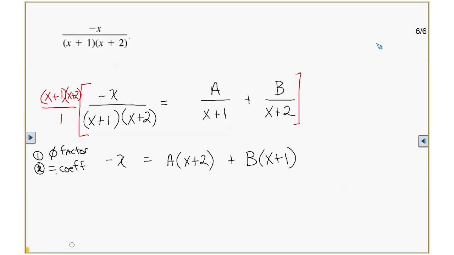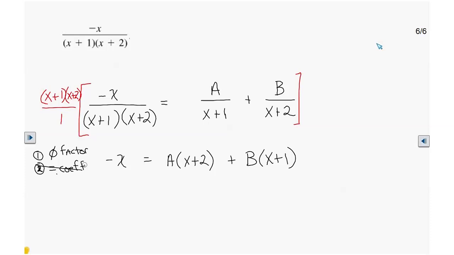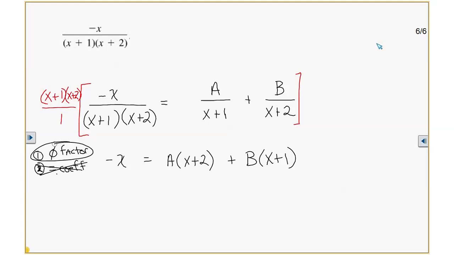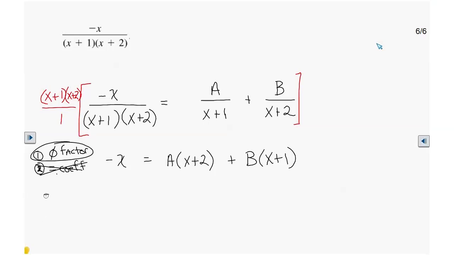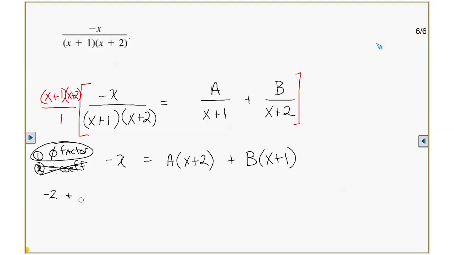That's the easiest way. Now, sometimes you're not able to do it because of the type of problem that you're doing. So in this case, what will give you a 0 here? Negative 2. What will give you a 0 here? So we're not going to use the equal coefficients. We're going to use this, and we're going to pick two numbers, negative 2 and negative 1.